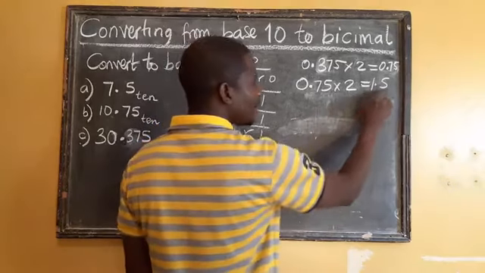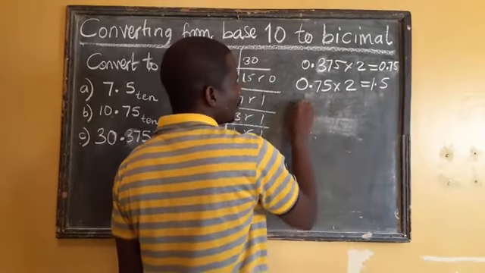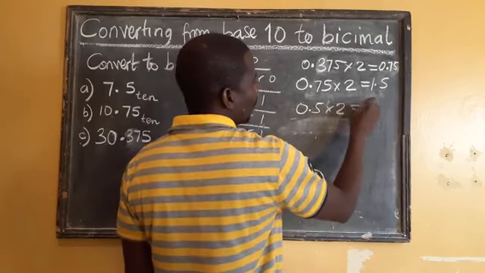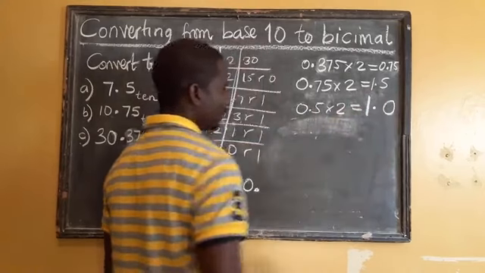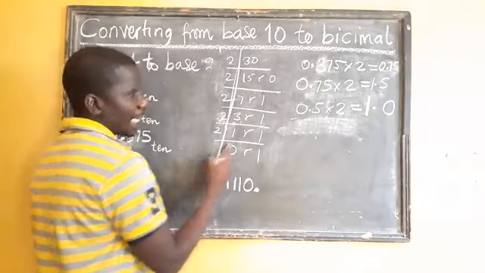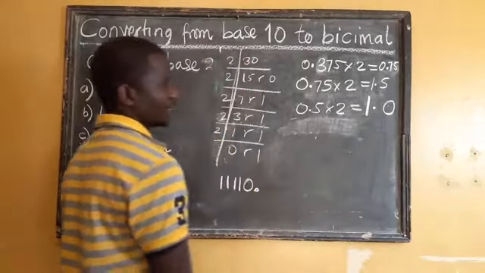Then, from this point now, again we're going to get the decimal number, which is what? 0.5. You multiply this by 2. What are you going to get? Here we're going to get 1.0. You see? Here we wanted this part to be 0, until this one is 0, like that.